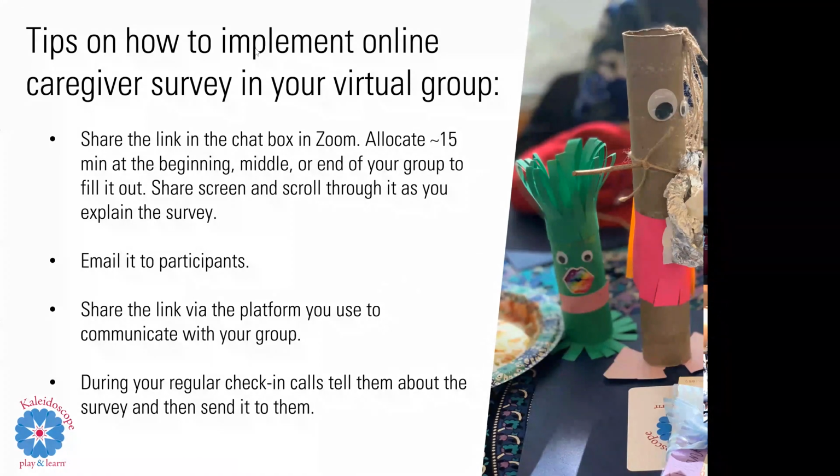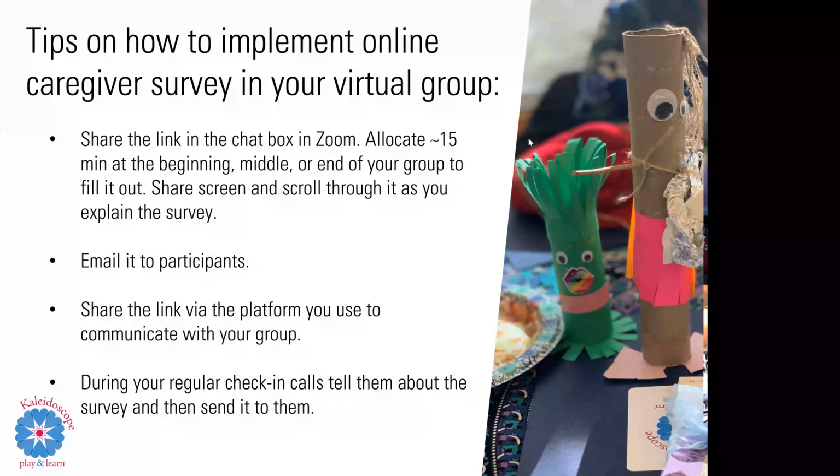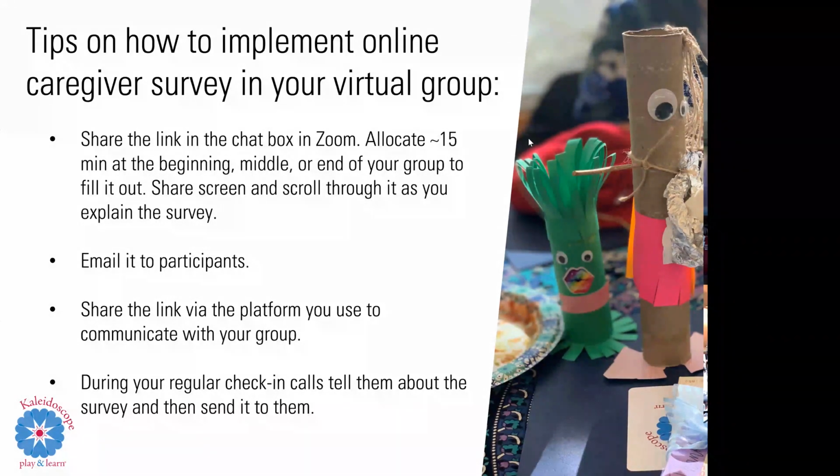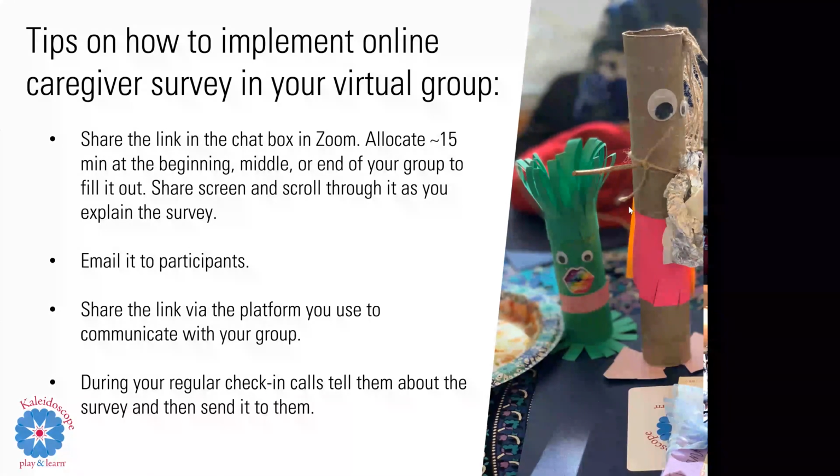You can also choose to email it to participants, or share the link in the platform that you're using to communicate with your group. You can tell your participants about the survey during any regular check-ins and send it to them.